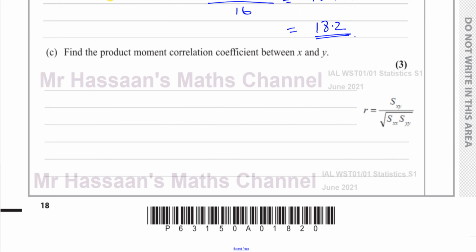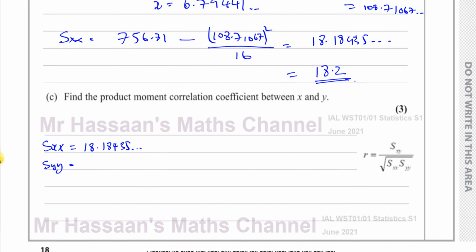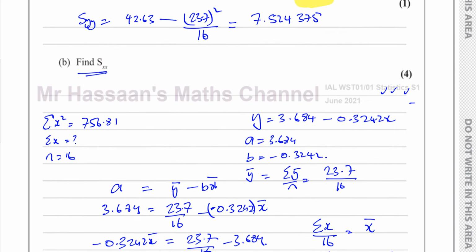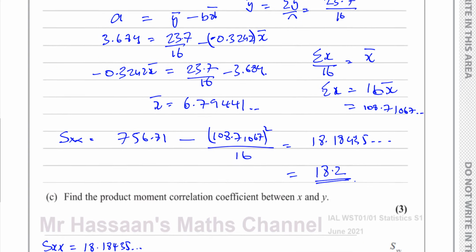So now we need to know what Sxx is, which we just found as 18.2, but I'll write it in a more accurate form, which is 18.18435... and Syy, which we found and were asked to give to this decimal place, is 7.524375.